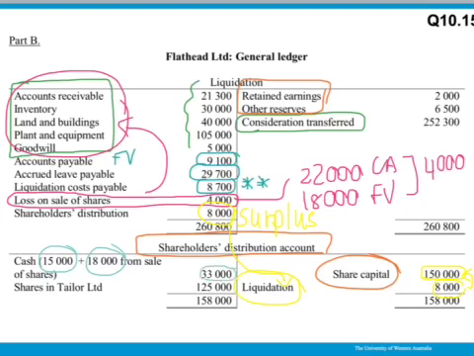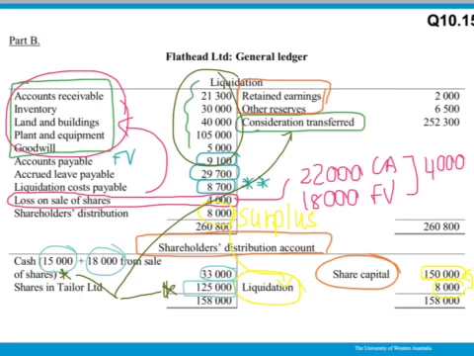Apart from that, they're also going to get shares in the parent company. So the shares in the parent company and the 15,000 of shares in listed companies that were transferred by Taylor to Flathead, that forms one part of the consideration that was transferred to Flathead for the acquisition of the operations and the assets of Flathead.